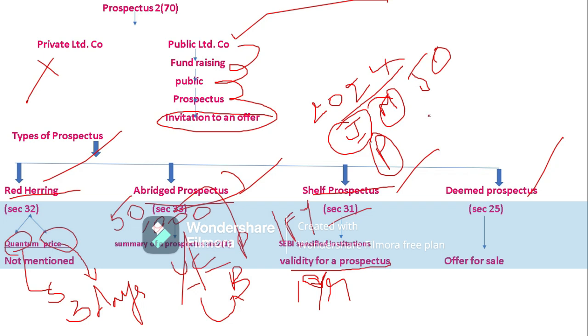Then for the 1 year validity, even if the company raises funds again and again, it is not required to produce a prospectus again and again. But an information memorandum will be submitted. The information memorandum has to be filed by the company while filing a shelf prospectus.